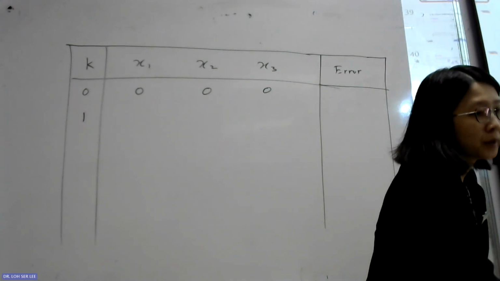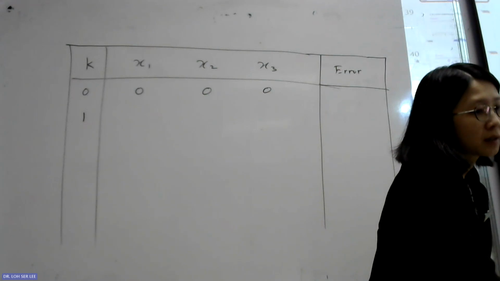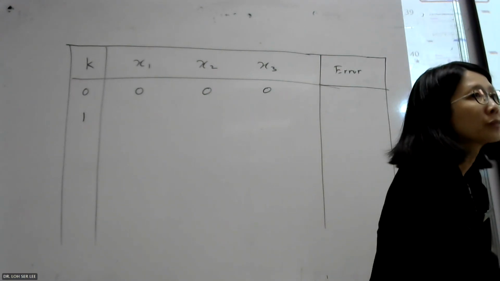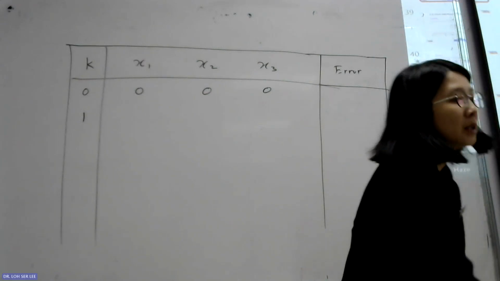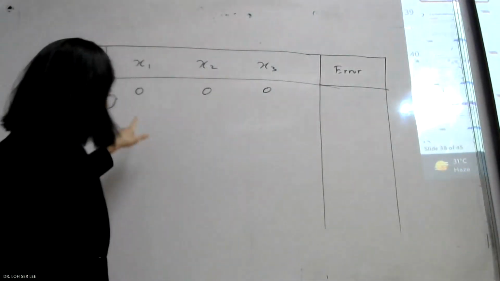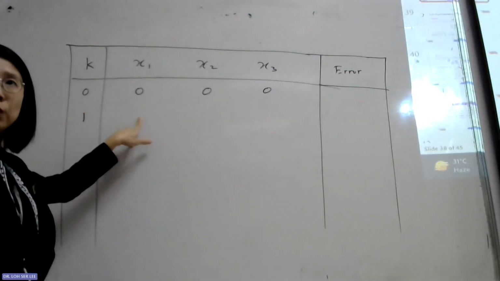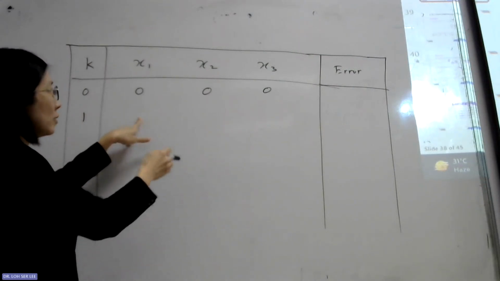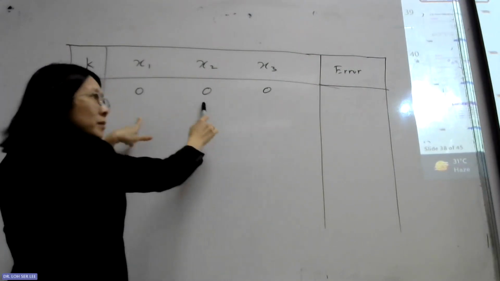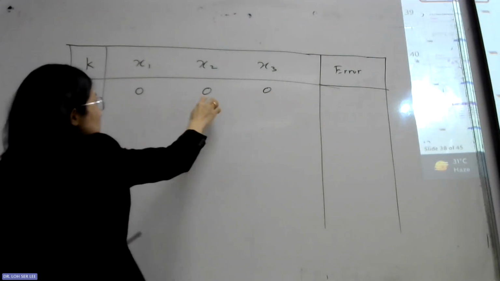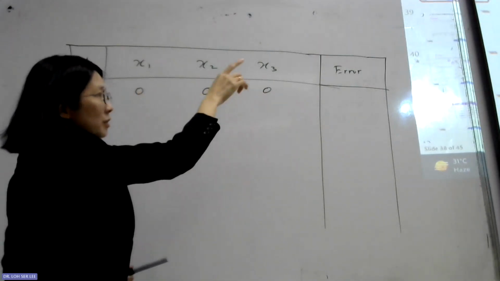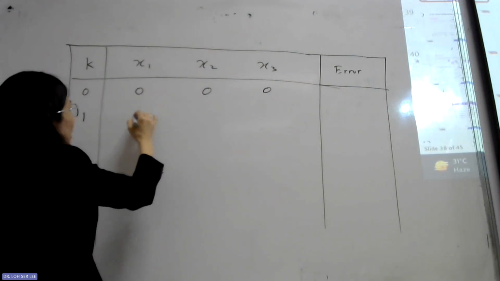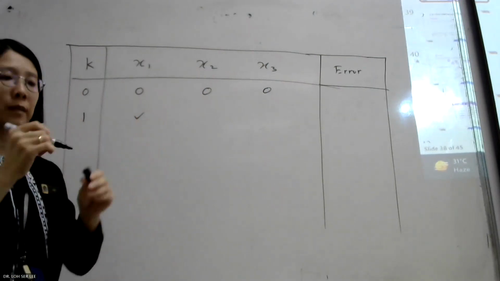To get x2, we need x1 and x3. To get x3, we need x1 and x2. So to get x1, we use the values of x2 and x3. We put these two into the formula for x1, and you will get this value.